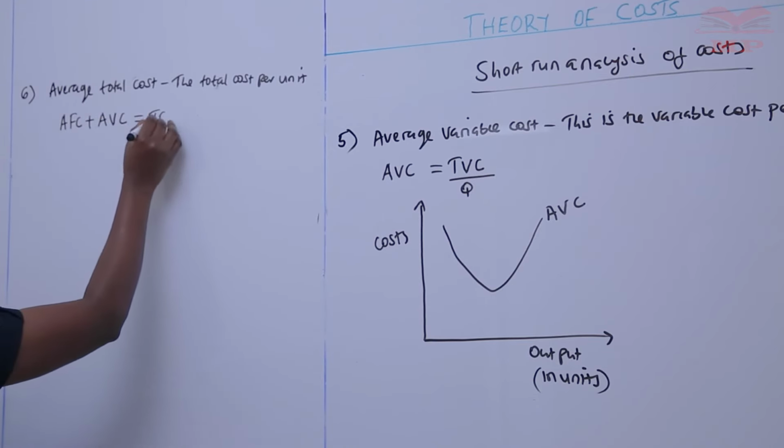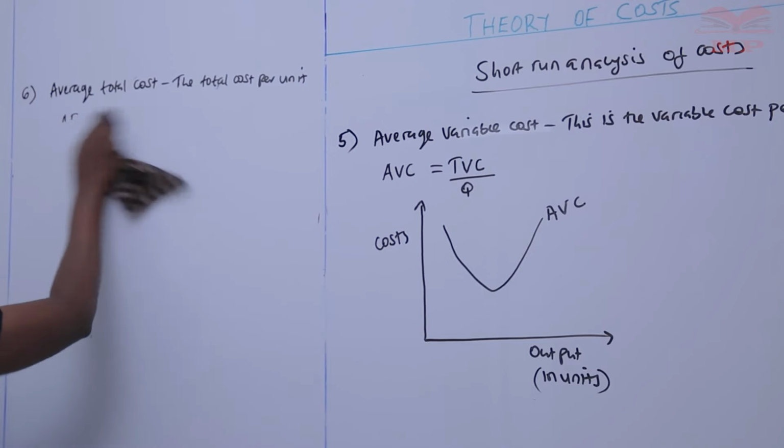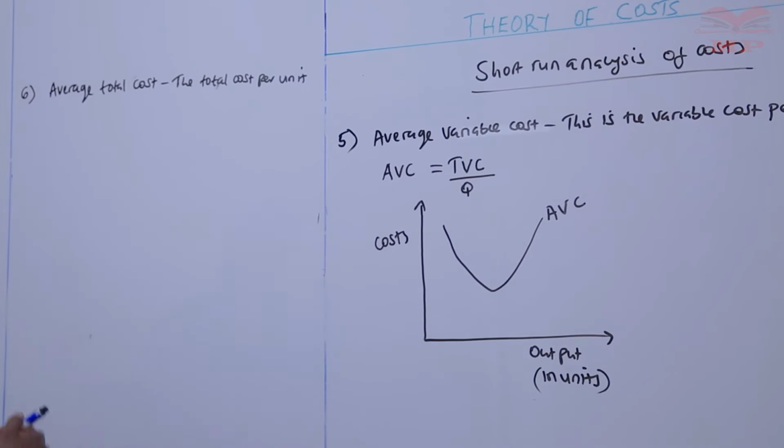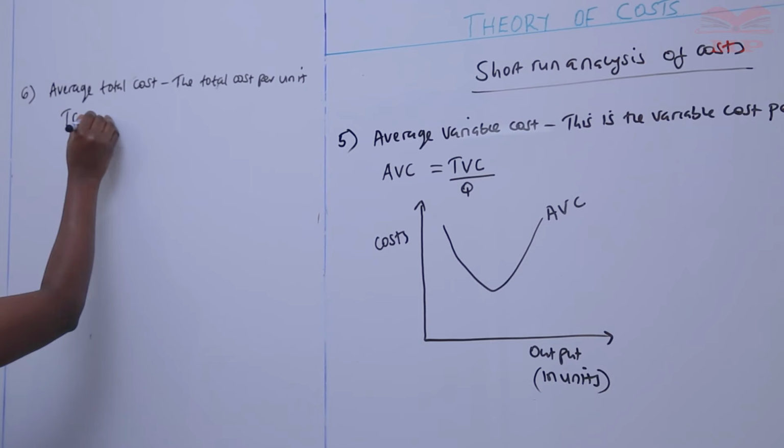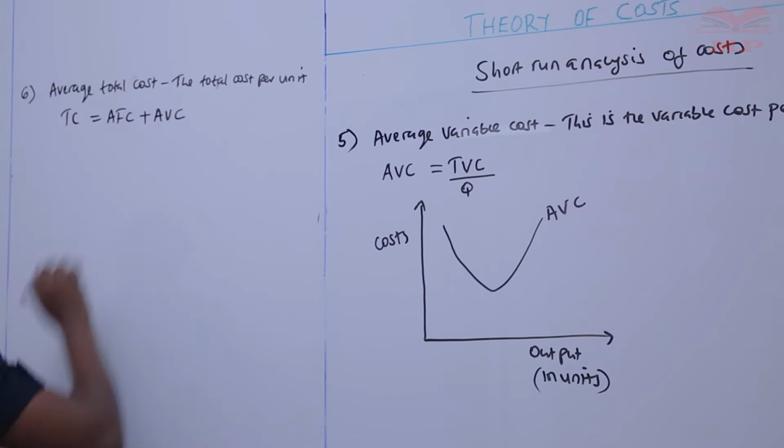So it is equal to total cost per unit; average fixed cost plus average variable cost will give us this.